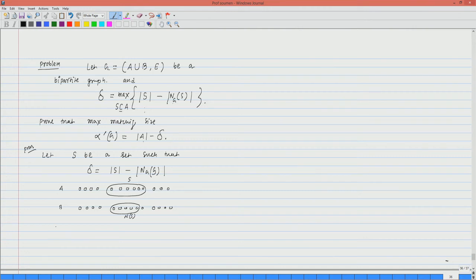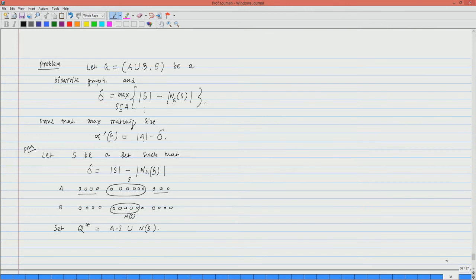Okay. Now, this quantity, say Q star, I am trying to construct a vertex cover. Q star is equal to A minus S, union N S, right. A minus S is these vertices, this plus this, and this one.